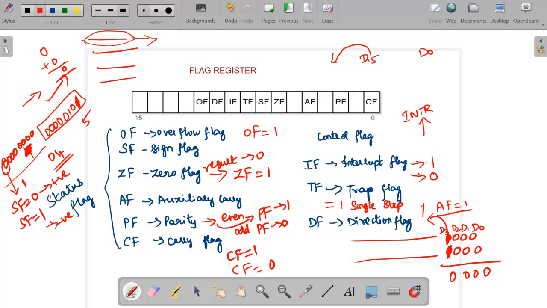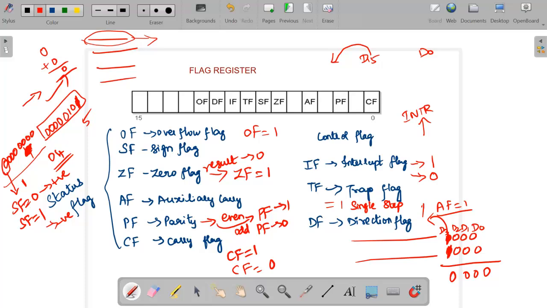The status of your registers and memory locations will be observed by the programmer. Then, when the programmer is ready, he will go for the next instruction. One by one, instructions will be executed and the result will be available to the programmer. In that way, you do the execution when the trap flag is equal to 1.